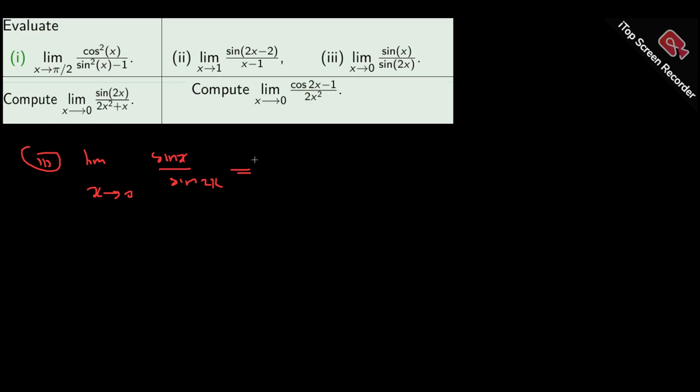That is, we'll say the limit as x approaches 0, sine x divided by, this is just the same, sine 2x. Now I want the denominator, this guy, to be x, so that I have the special limit. So what I'll do is I'll multiply this side by x.